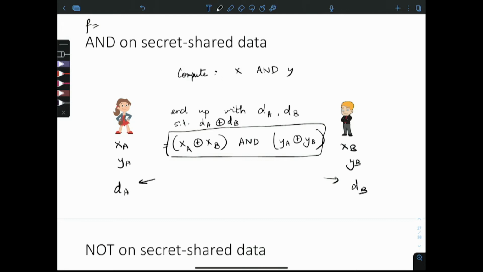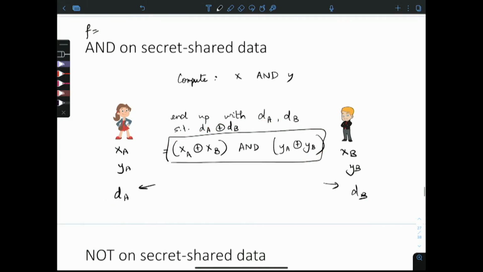So let's say Alice and Bob have access to OT boxes. Alice has XA, YA, Bob has XB, YB. They'd like to be able to compute this value dA and dB that satisfy this relation. And let me actually open this up.